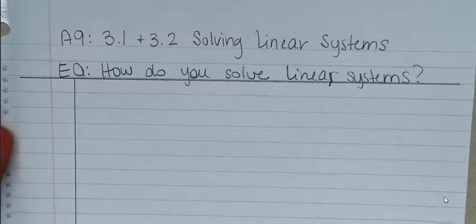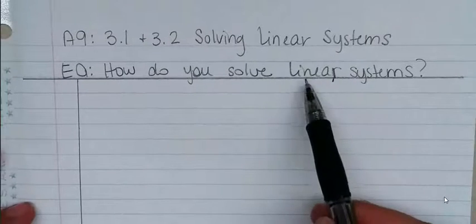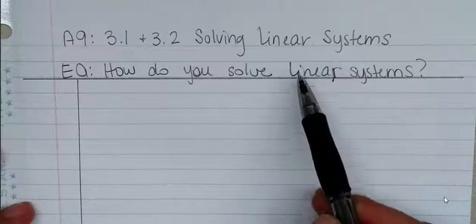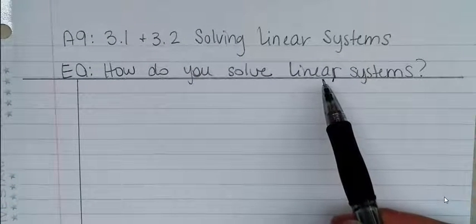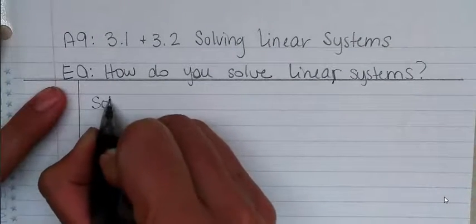Okay, so there are many different types of systems out there. We're just talking about systems of equations. Currently, we are still learning about lines, so the only systems that we can solve are linear systems. Now, what does it mean to solve a system?